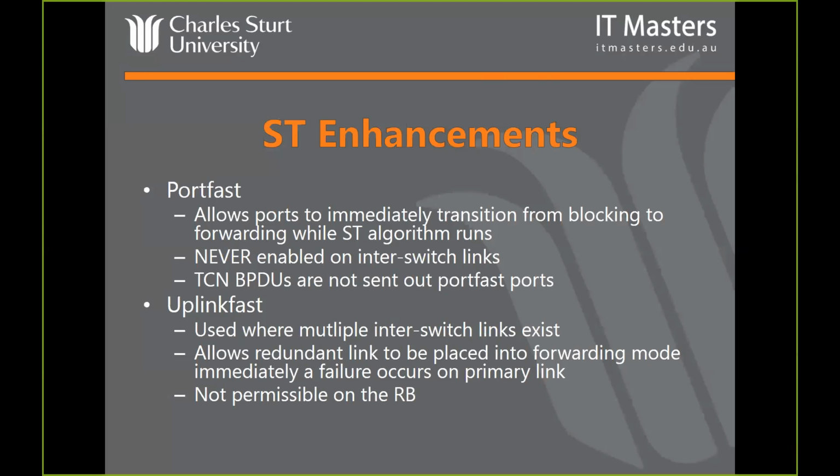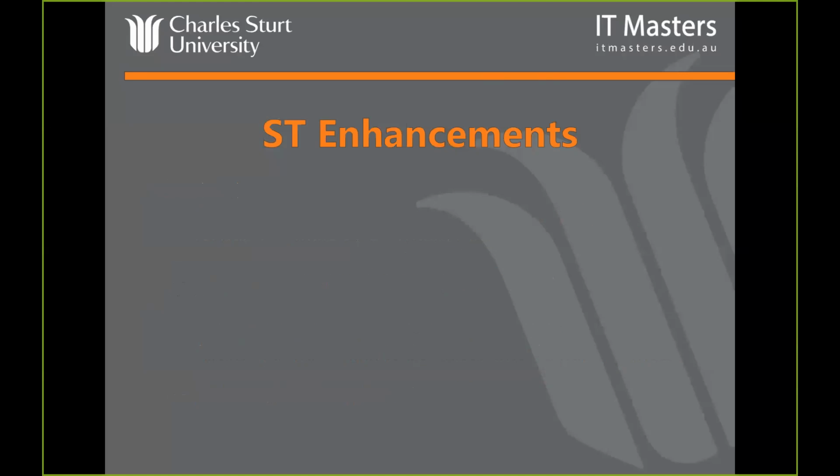But on all the other switches, if you have multiple links, you can enable UplinkFast on those links, so that if the primary link goes down, the backup link will come up straight away. Bang. So it's PortFast for switches. Okay, so PortFast for switches basically.